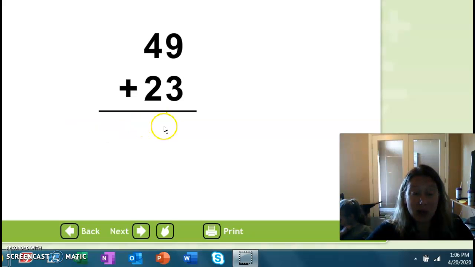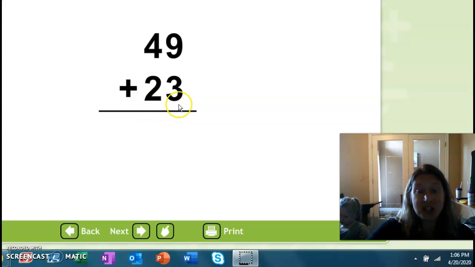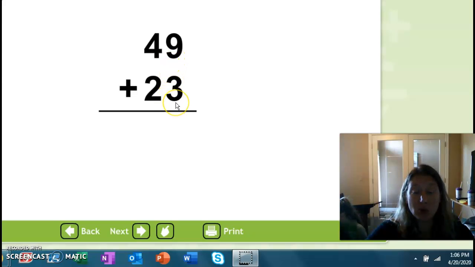So now, boys, if you look here at my screen, we are going to practice some addition with 2 columns, okay? So when we have 2-digit addition, we always start adding in the ones column. So what is the problem that you add in the ones column? 9 plus 3.